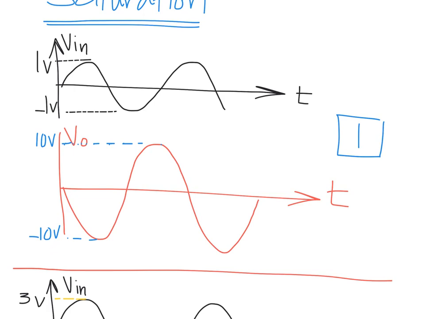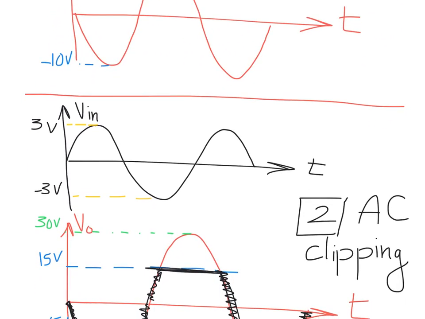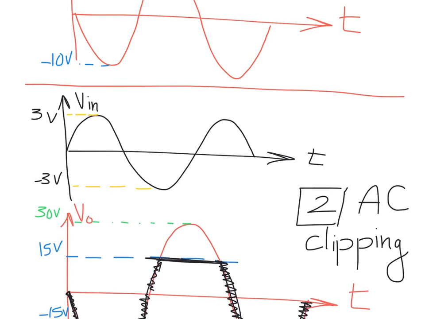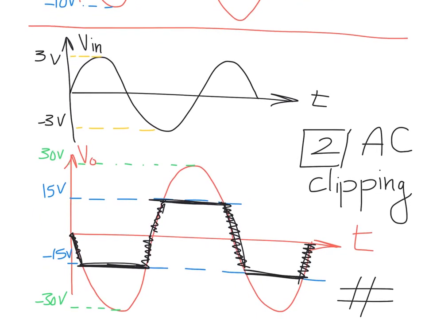So let's assume something else. If we have Vin equals 3 volt, so between minus 3 and 3, it's 6 volt peak to peak, and Vout is to be computed here. Vout should be expected to be this number multiplied by minus 10.